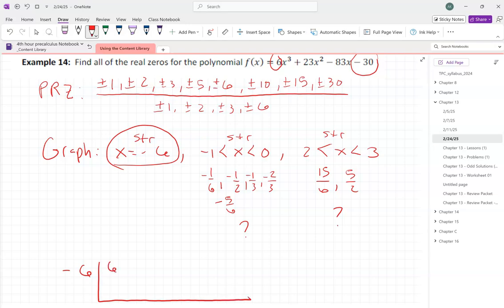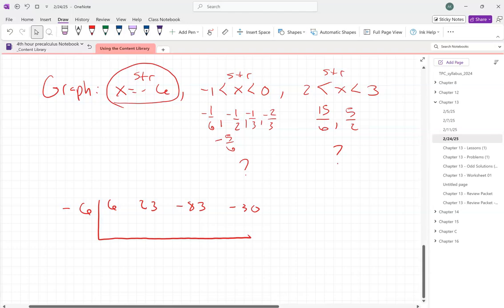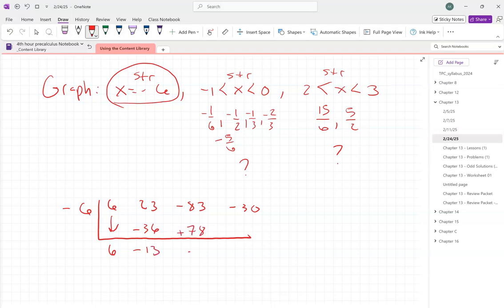So I'm going to set up my synthetic division here. And let's go ahead and execute that. And that's good. I got the 0 there for my remainder at the end.